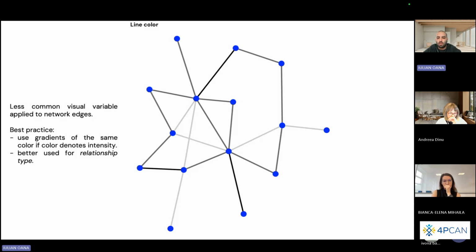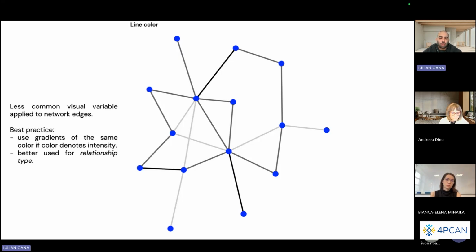It's best to have a single color, like going from light blue to dark blue, or whatever color you may use, like I used here, from light gray to black.